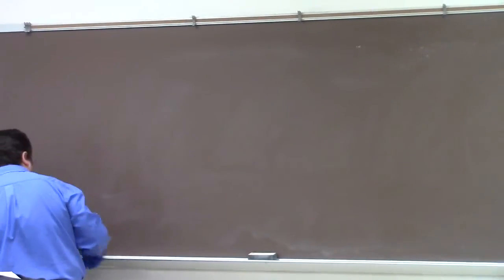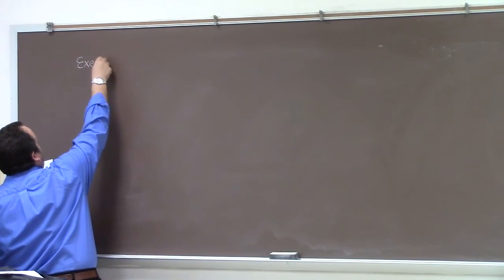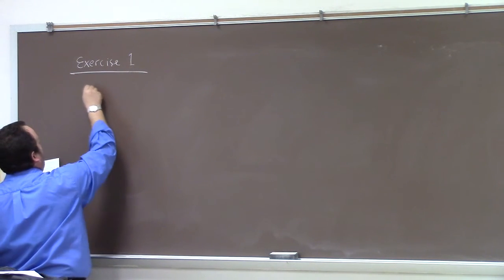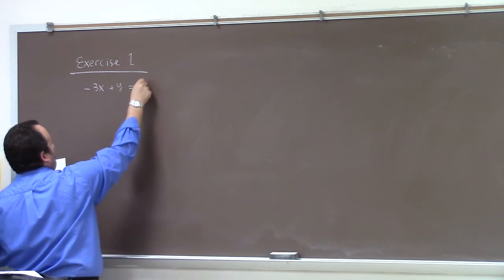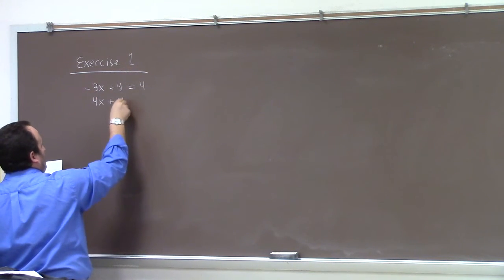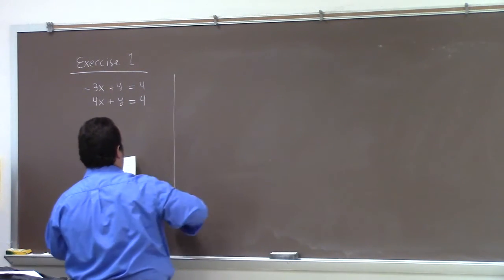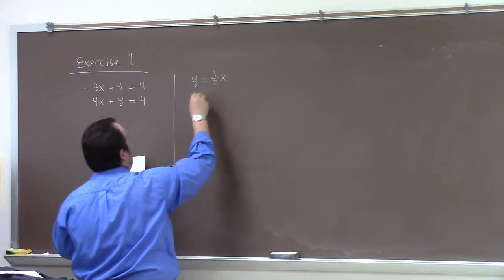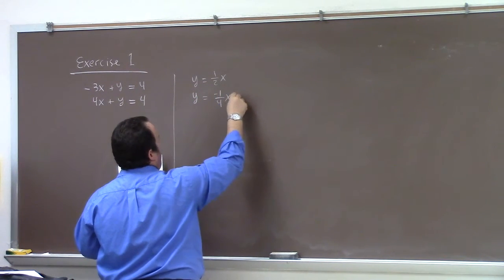So here we go. Now exercise 1 is kind of an outlier, isn't it? They give us minus 3x plus y equals 4, 4x plus y equals 4. They give us y equals 1/2 x and y equals minus 1/4 x plus 3/2.